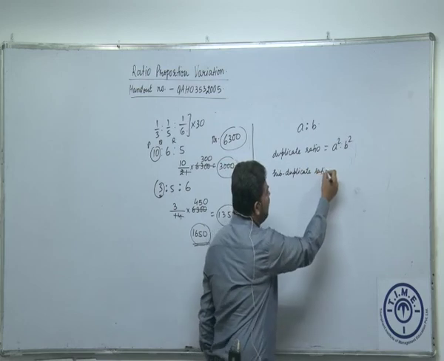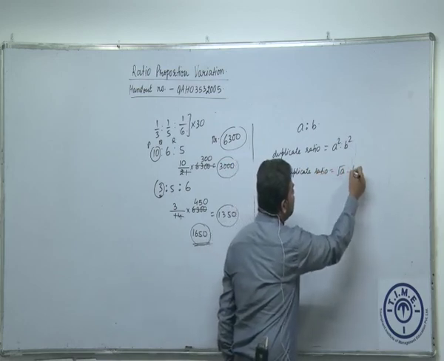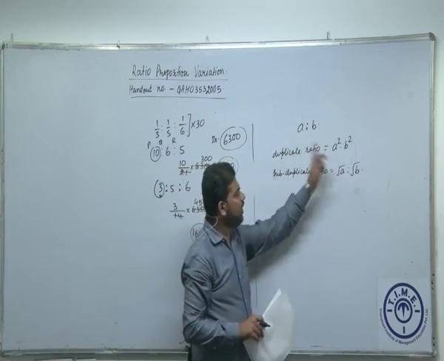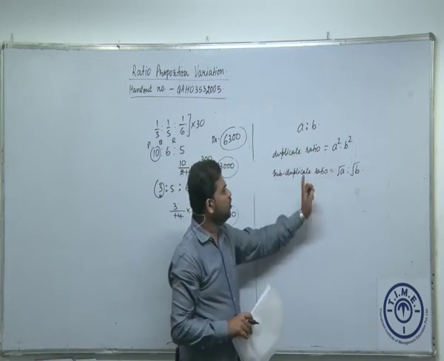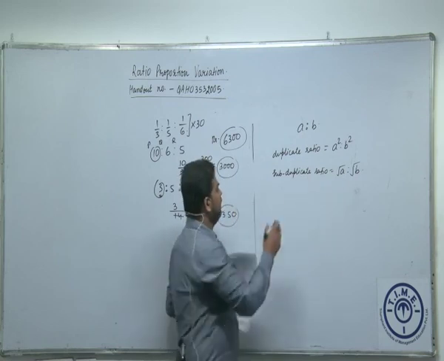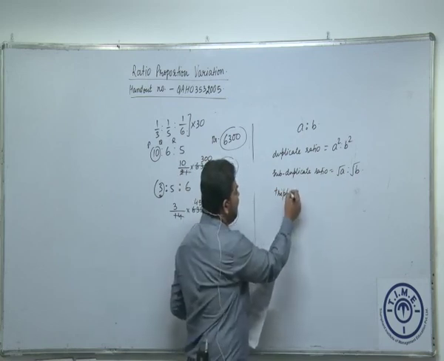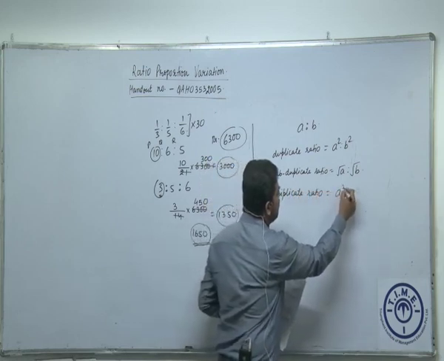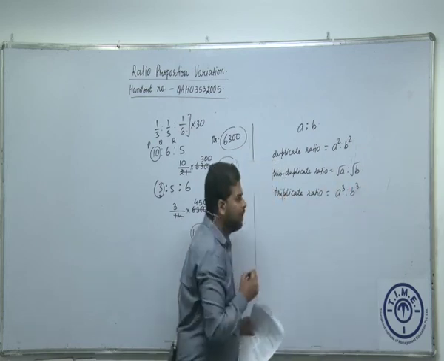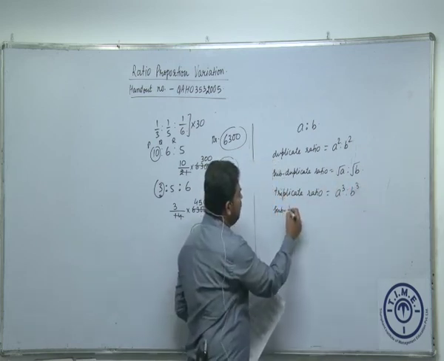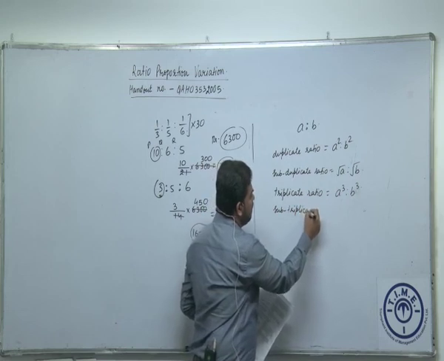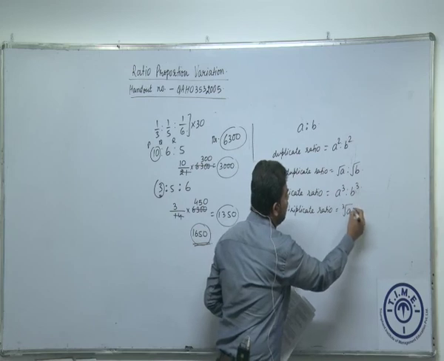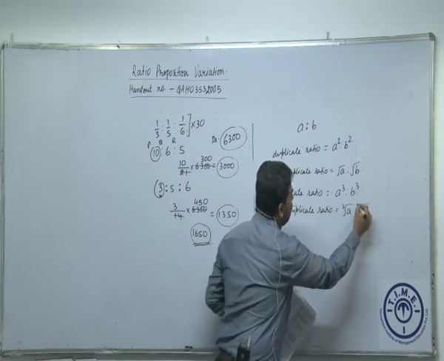Subduplicate ratio will be square root of A to square root of B. Then we have triplicate ratio. Triplicate ratio of A is to B is A cube is to B cube. And subtriplicate ratio is cube root of A to cube root of B.